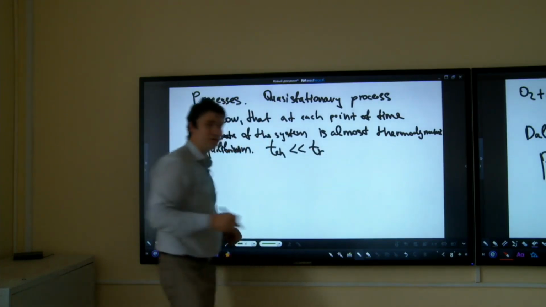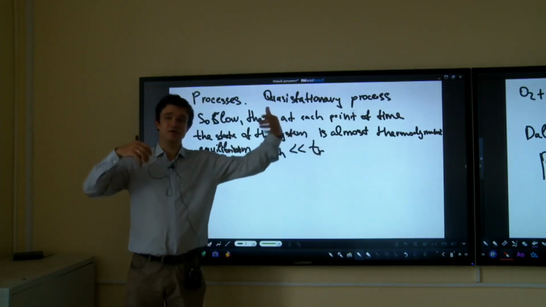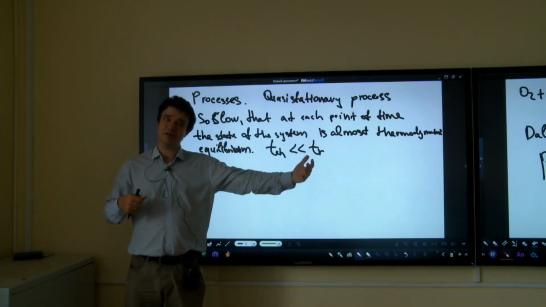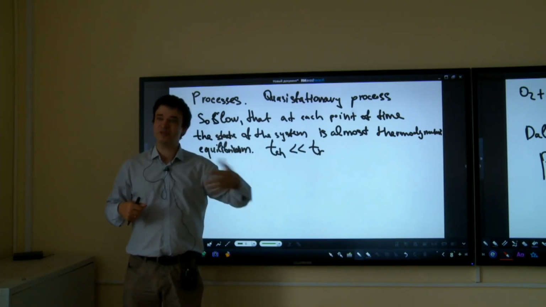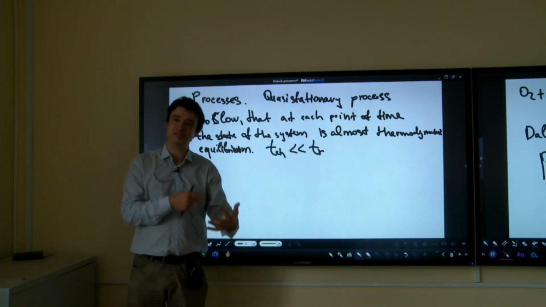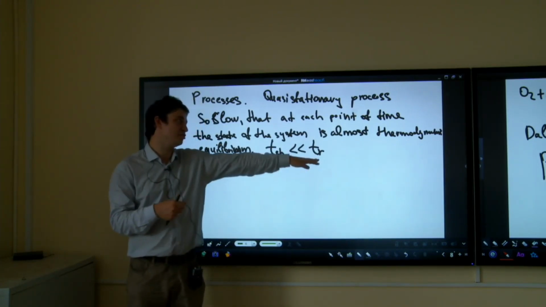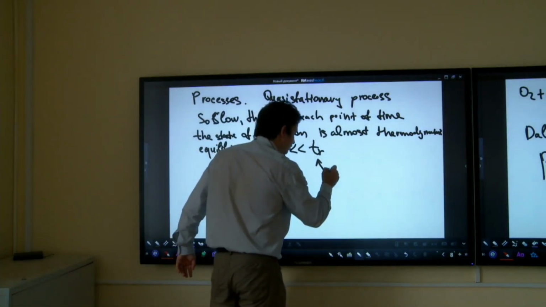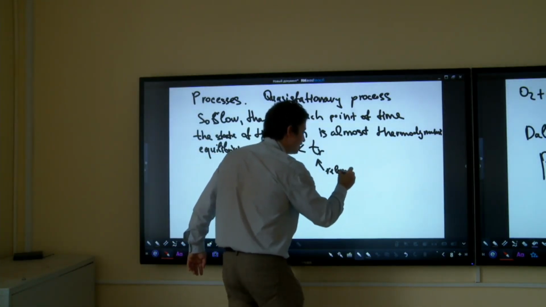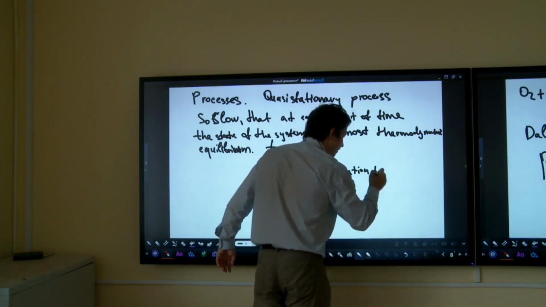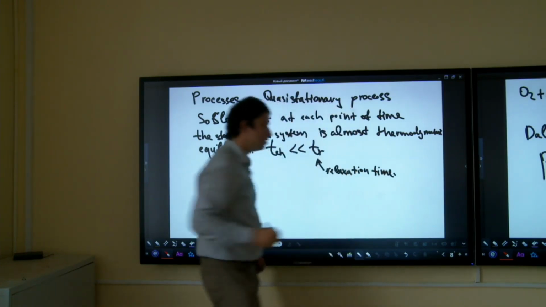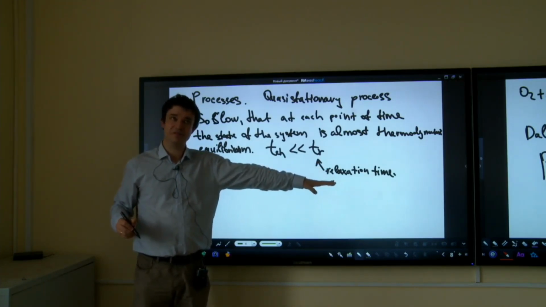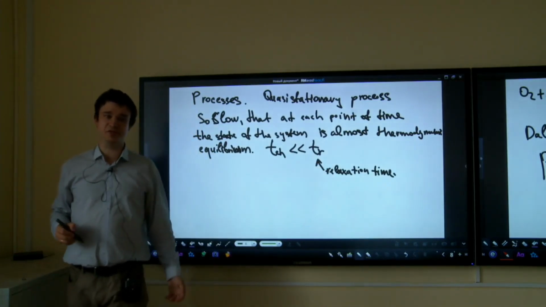longer than the relaxation time. As I said, in the minus first law, after some time you reach the state of thermodynamic equilibrium. That time, which is required for the gas to reach the state of thermodynamic equilibrium, is called relaxation time. So if you do your changes slower than relaxation happens in your system, then you have a quasi-stationary process.